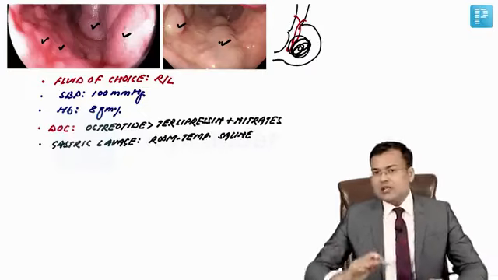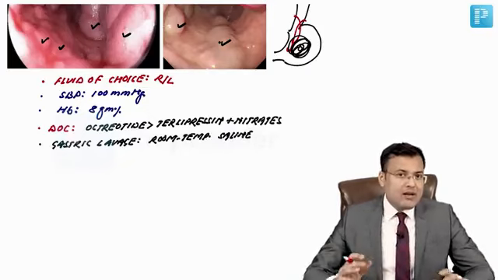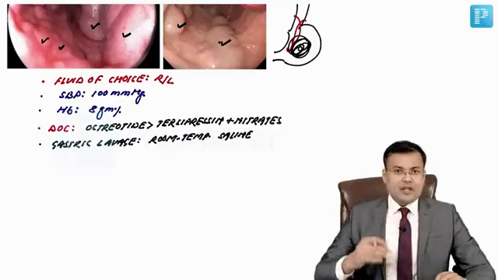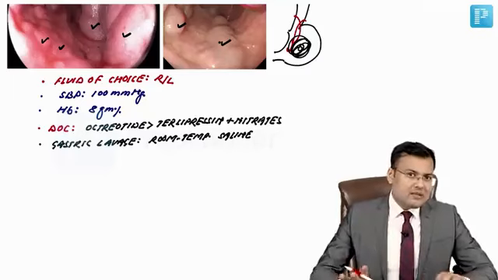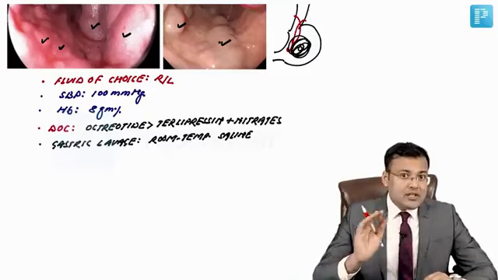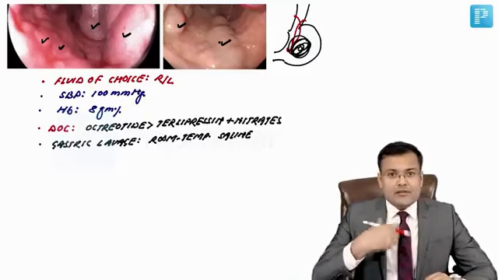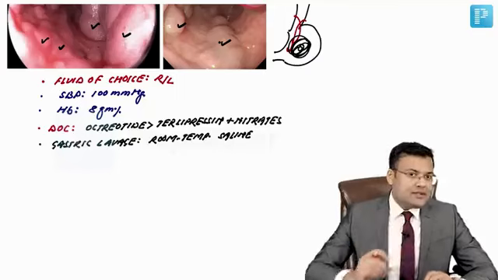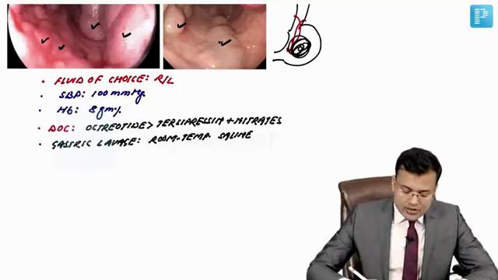Why? Because cold saline can lead to hypothermia, and hypothermia can cause coagulopathy. Now the stomach is clear. One simple question which was asked many times: the first investigation done in any patient of upper GI bleed. In any patient of upper GI bleed, the first investigation done is endoscopy. So here also we send the patient for endoscopy.